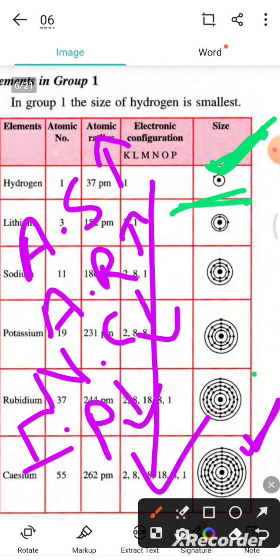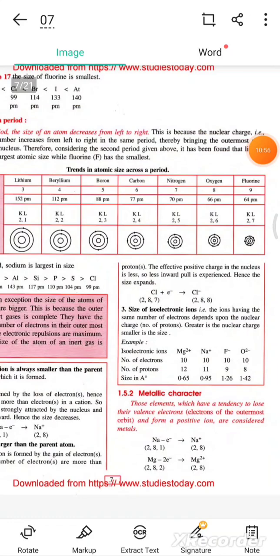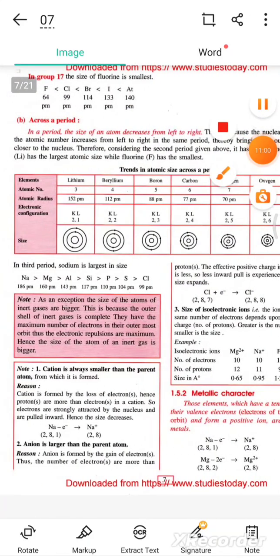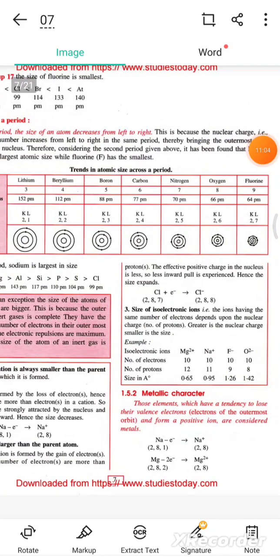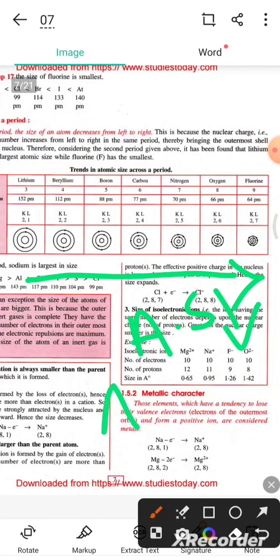Now let us see the variation of ionization potential across a period. You can see here the atomic size is decreasing. Atomic size is decreasing means atomic radius is also decreasing.